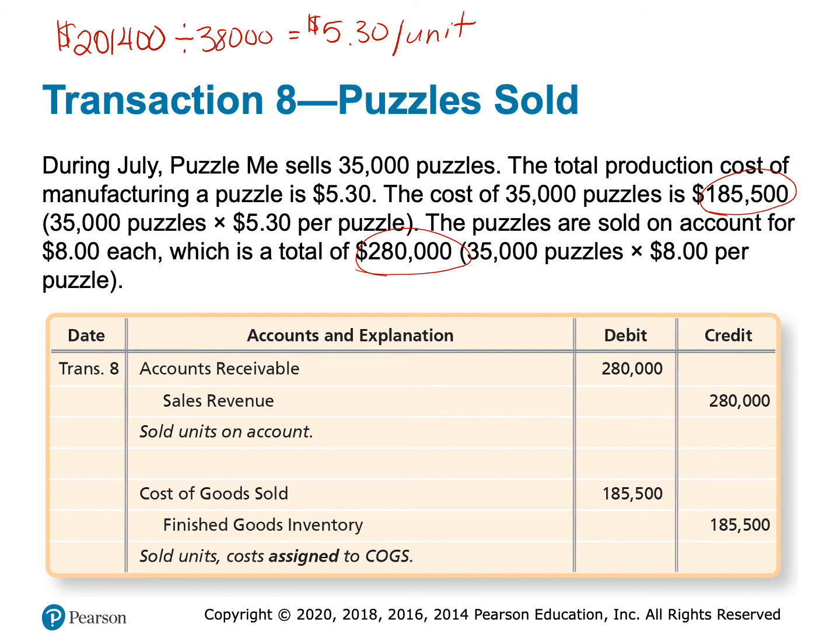So this journal entry is for the $8 a piece, the selling price, and this journal entry is for the $5.30 a piece, which is our cost, what they cost us to make. So again, take a minute to post these to your T accounts as well.